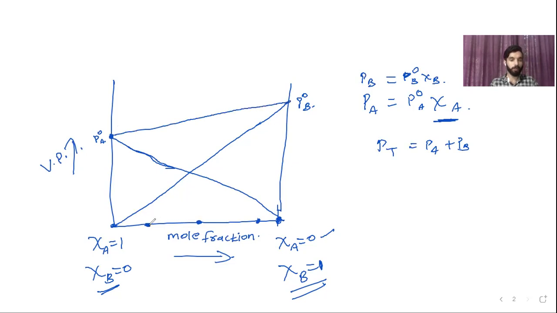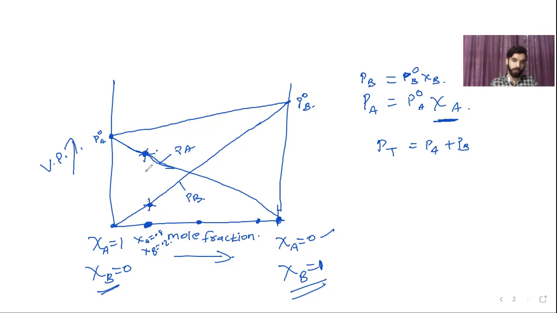At any particular concentration, at this point, maybe chi A is 0.8, chi B is 0.2. At that point, what is the value of Pa? This is the Pa curve, so Pa will be this much, and this is the Pb curve, so Pb will be this much at that point.